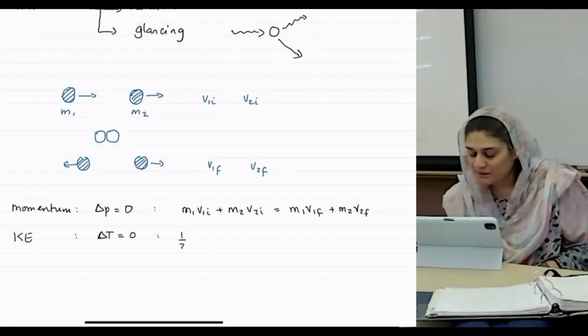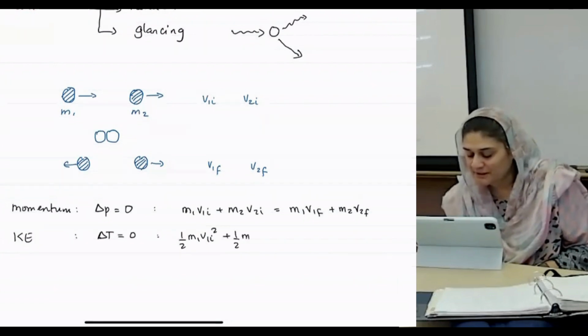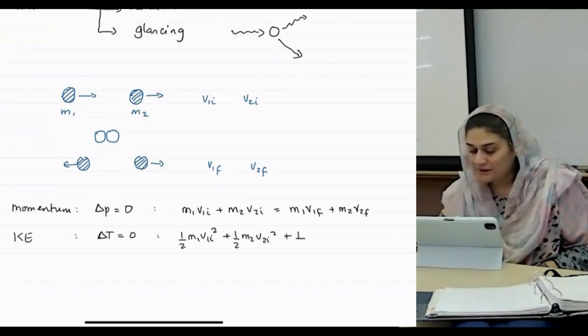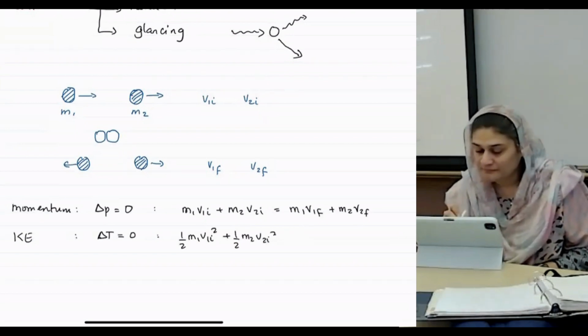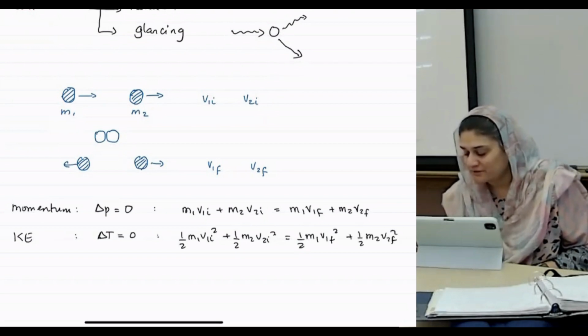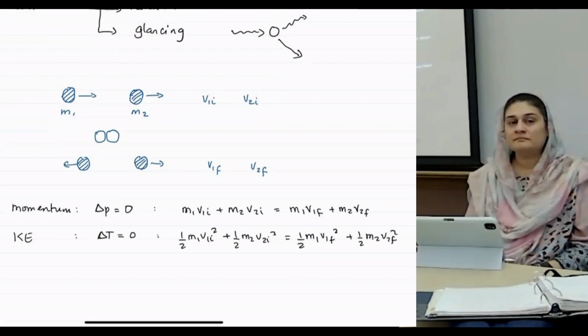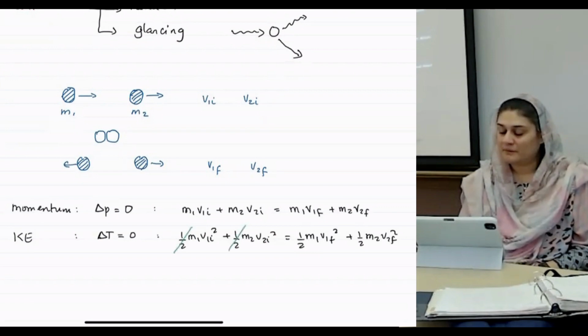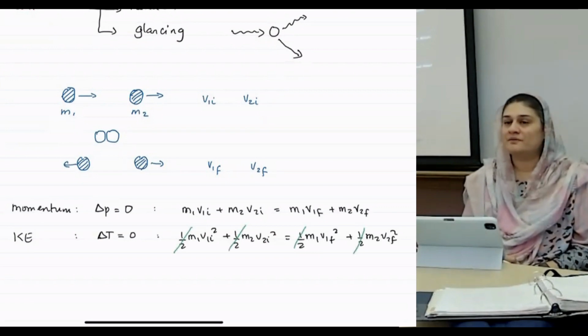And may I write 1/2 M1 V1I squared plus 1/2 M2 V2I squared equals 1/2 M1 V1 final squared plus 1/2 M2 V2 final squared. Well, all of my halves go away, so we don't have to worry about those.